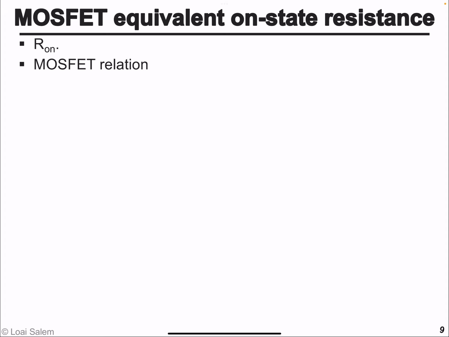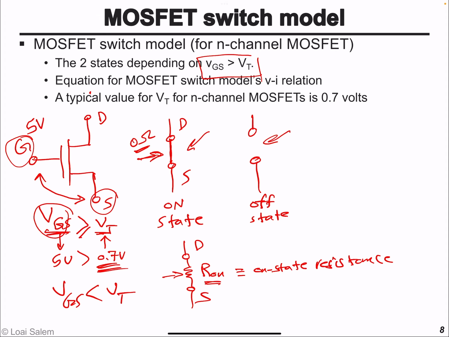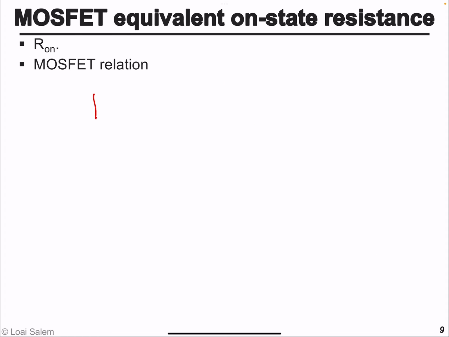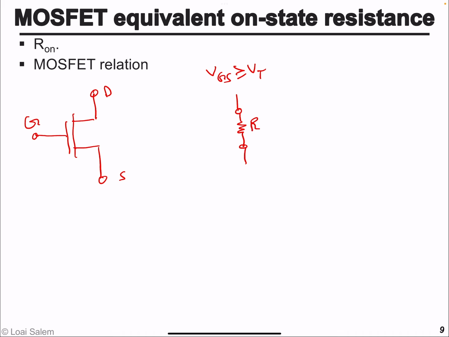And in this case, when VGS is larger than or equal to the threshold voltage, the transistor connects the drain to the source, and there's a finite equivalent on resistance between the drain and source.